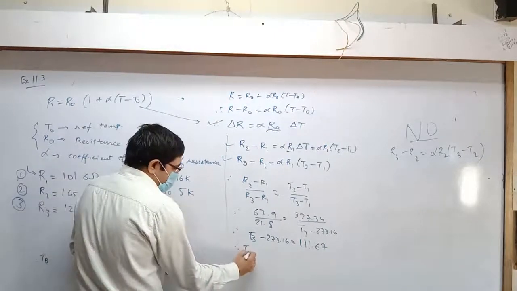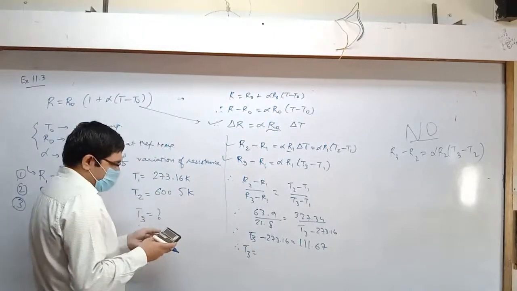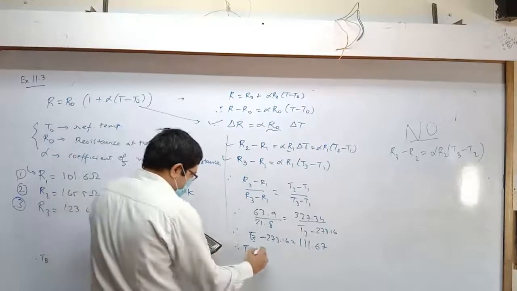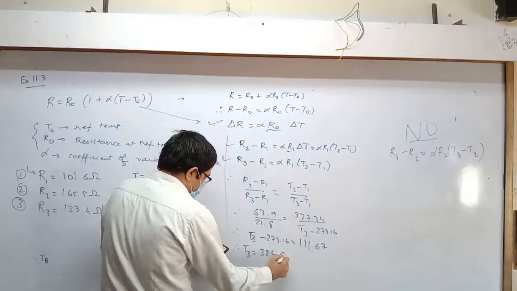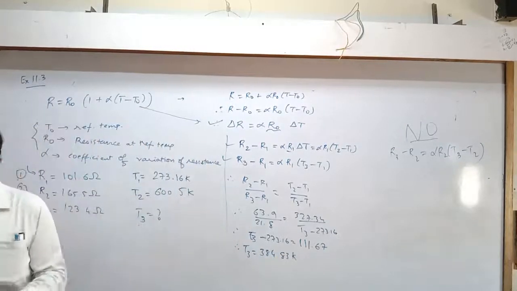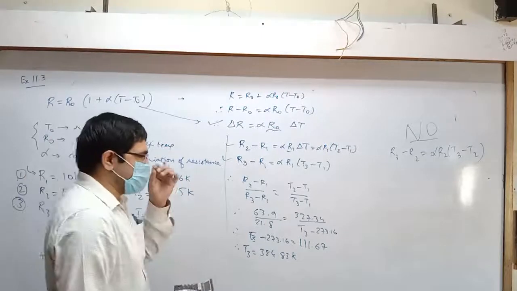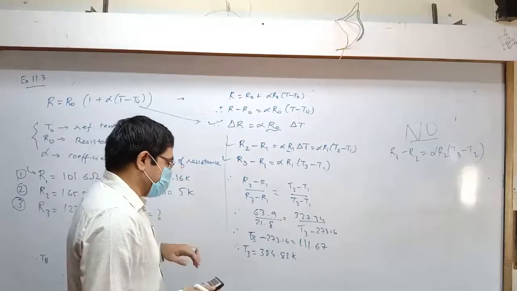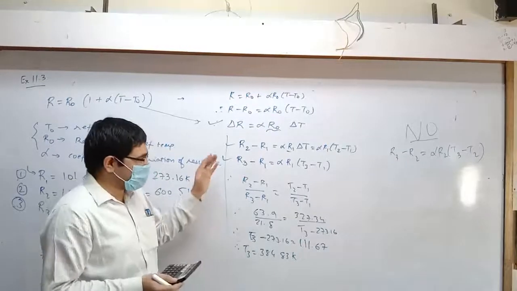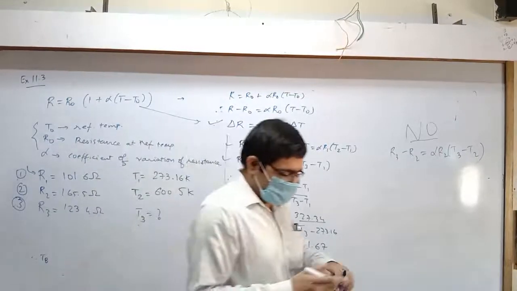So T3 equals, add to that 273.16, so you get 384.83. Right? So that's it.